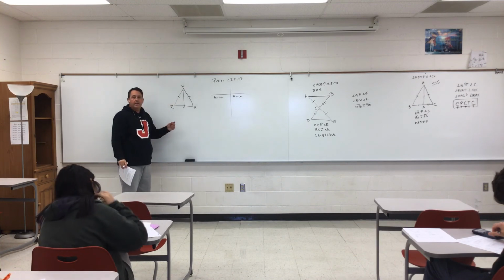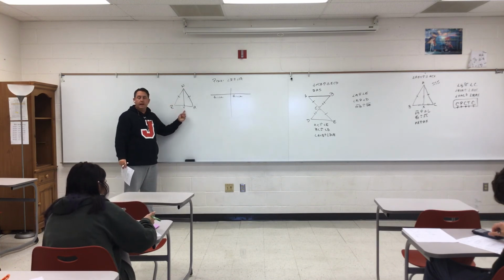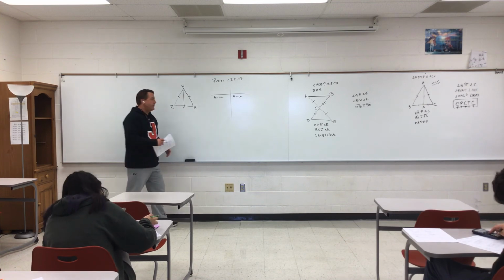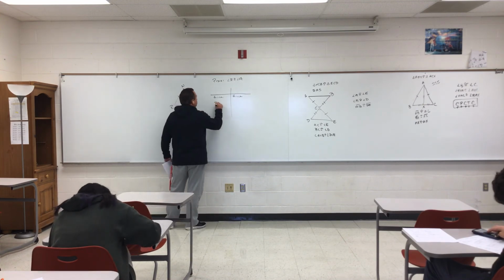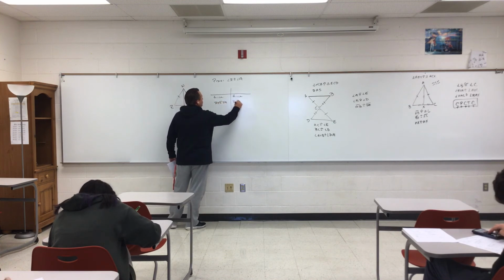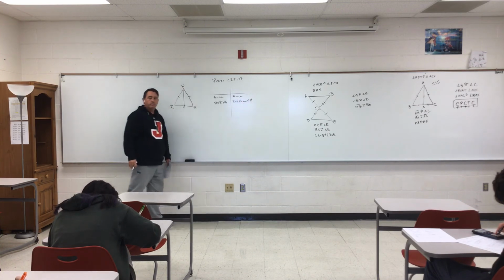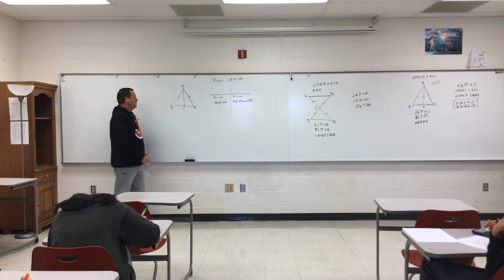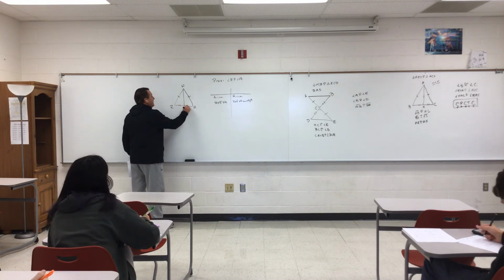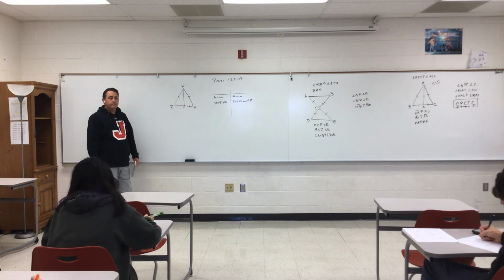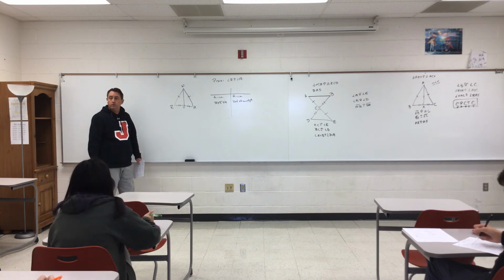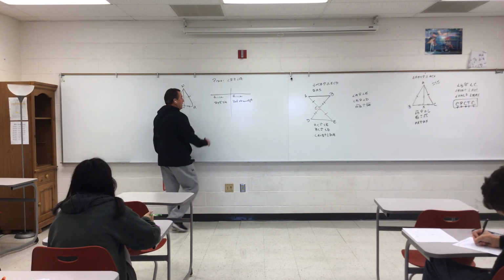All right, so if Y is the midpoint, what two sides does that tell me are congruent? RY and YA, right? So let's write that down. That's definition of midpoint, right? I'm going to mark that so I can remember that I did that. And then what's the other thing I can say from the picture? NY is congruent to NY.